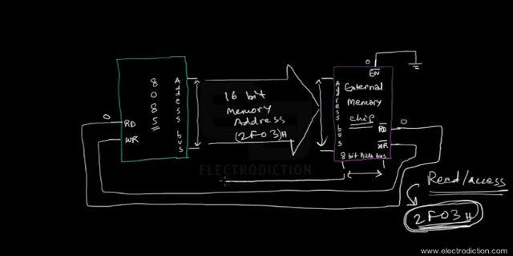I'm just going to use a different color in this case. So it is going to output this data through the 8-bit data bus, and send it to the 8085 microprocessor.